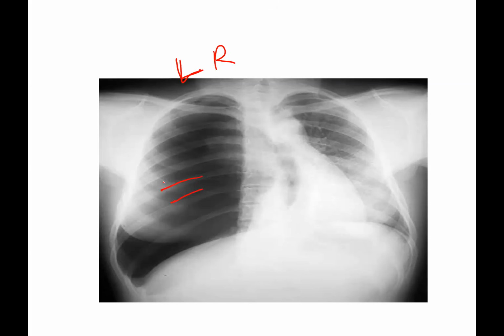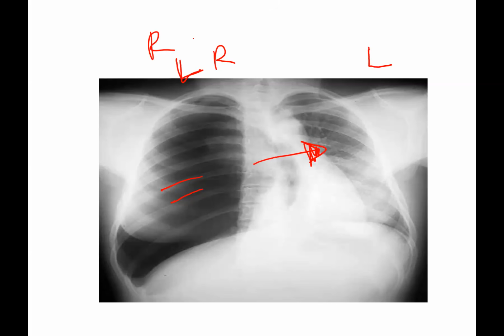And there is the mediastinal shift to the left side. Yes, mediastinal shift to the left side. Since you don't know how to differentiate right and left, when you see an X-ray, this is the right.